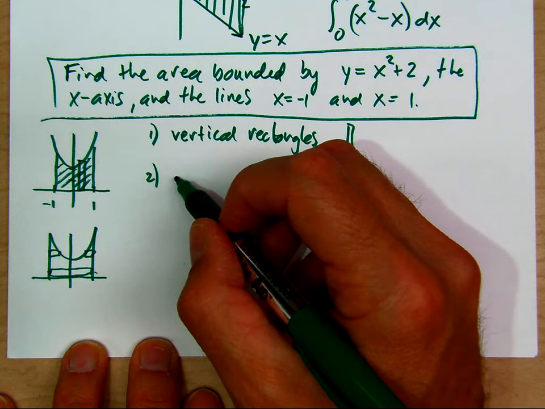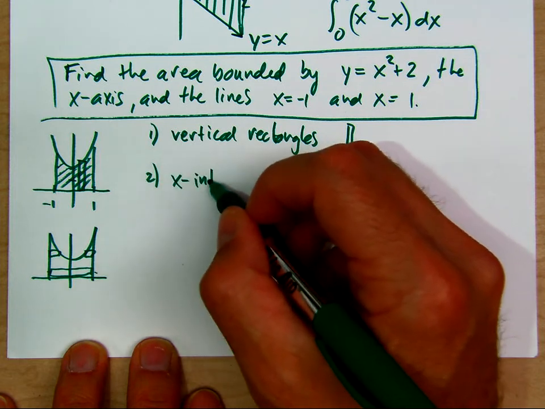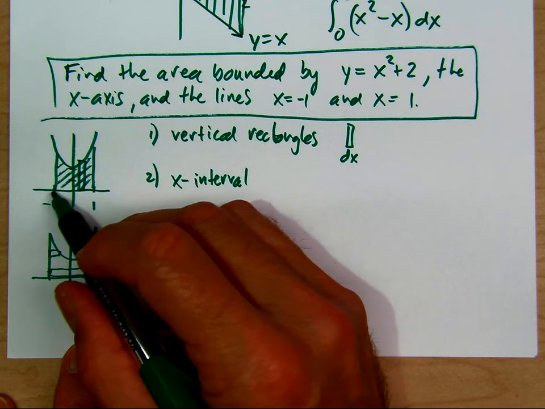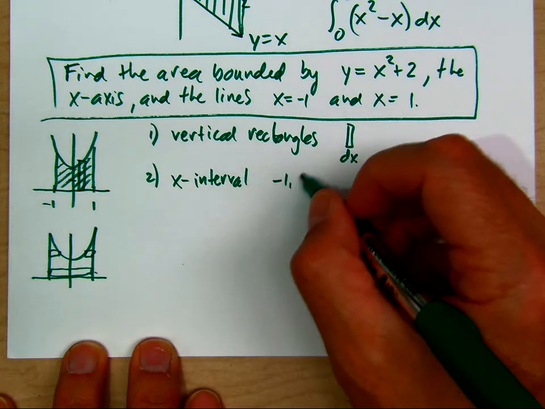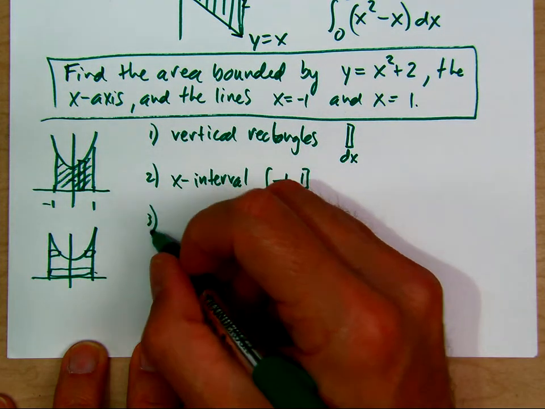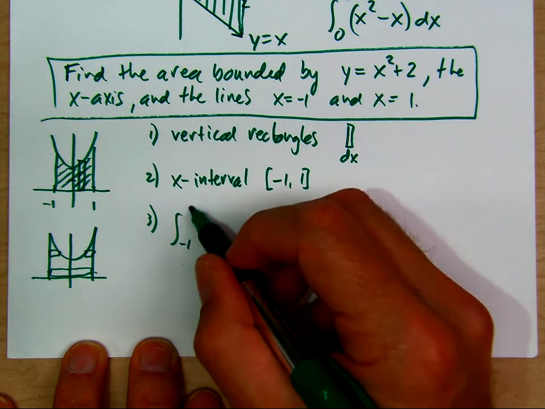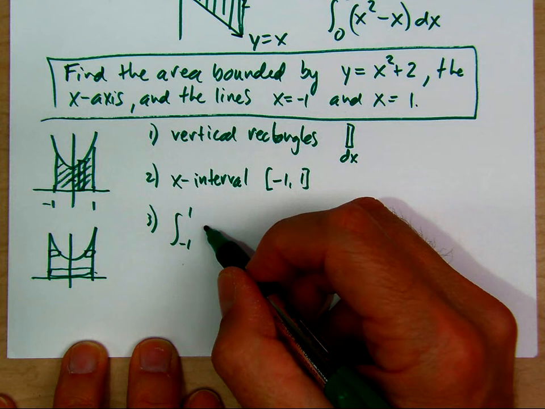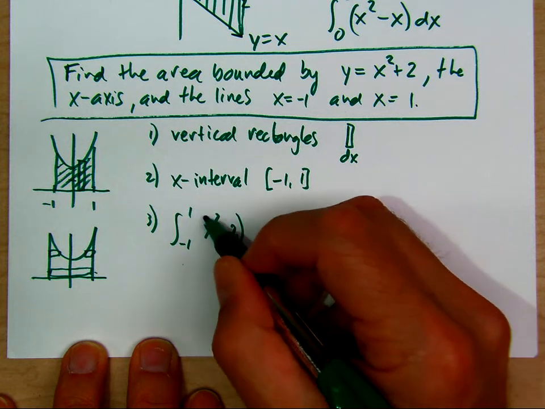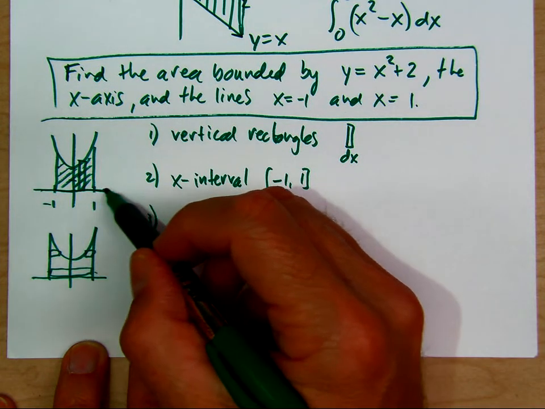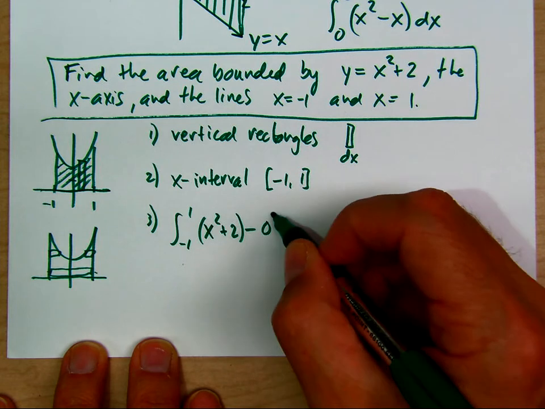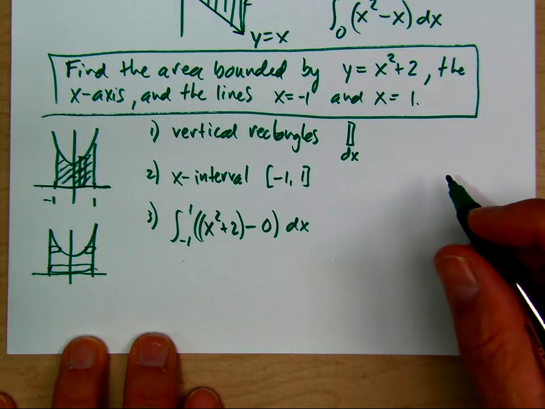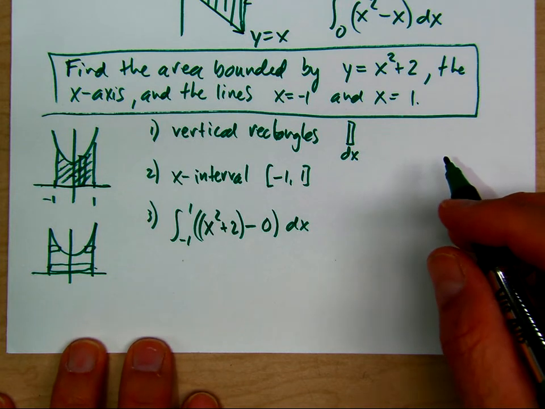So now we need to find the x interval of the region. Well, that's easy to see in this one. It goes from -1 to 1. And then we just find the area from -1 to 1. And that's going to be top curve minus the bottom curve, y equals 0. And just so that we get used to the process, we'll put a 0 there, even though you wouldn't need to put it there.